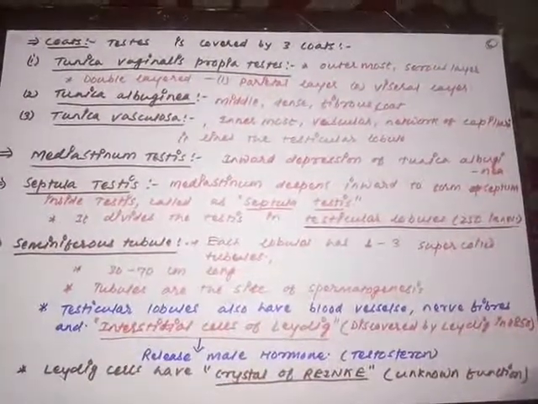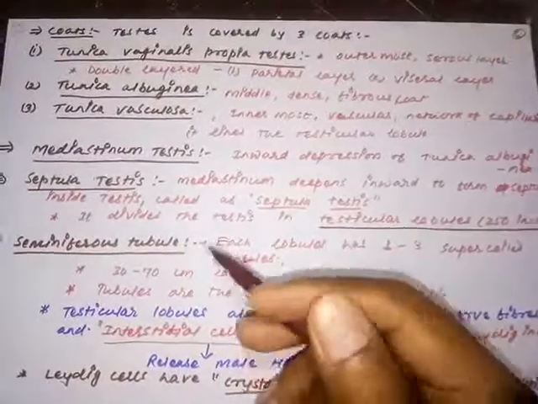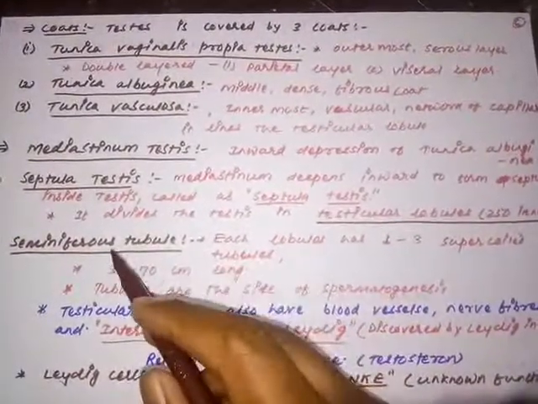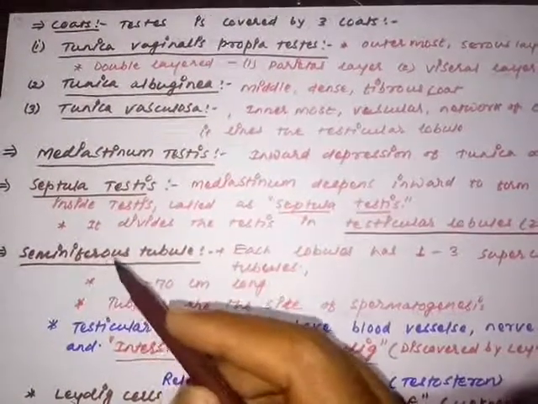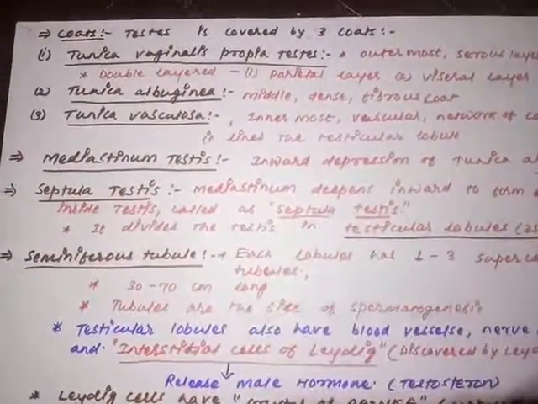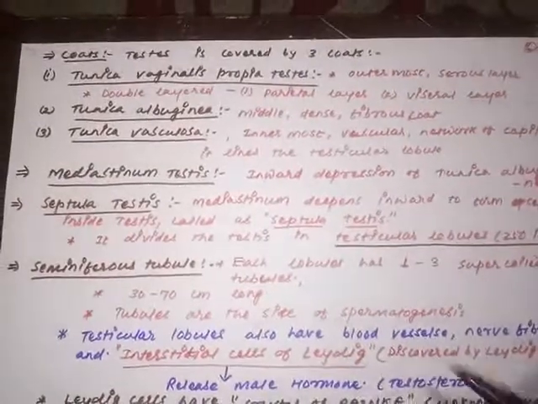Each lobule has 1 to 3 supercoiled tubules, and these are called seminiferous tubules. What is the meaning of seminiferous? The semen-bearing tubules. These tubules are the actual site of spermatogenesis.